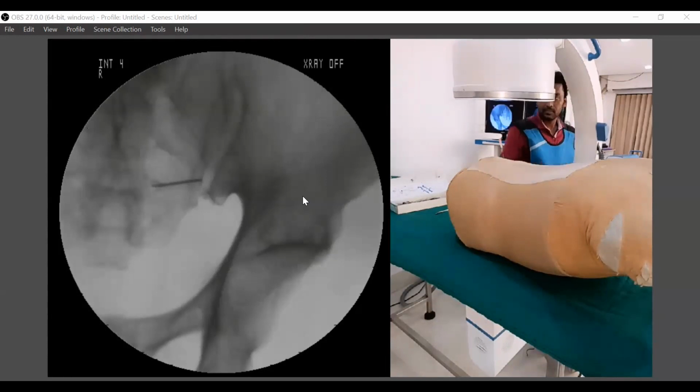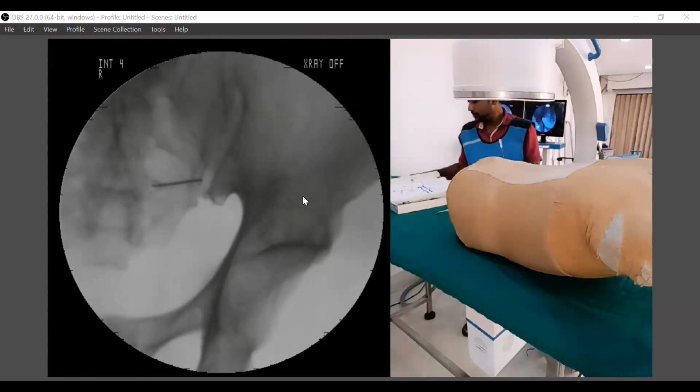In the AP view, you will see like this. You can see the anterior joint line is a bit lateral to the posterior joint line. That is okay. Then when you give contrast, the contrast should spread along the whole joint line, both anterior and posterior. How much depth do we have to go? You have to confirm.